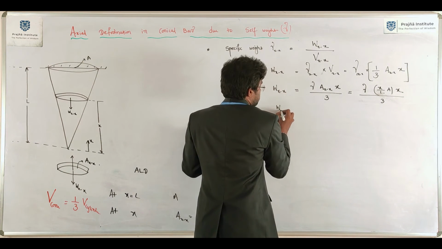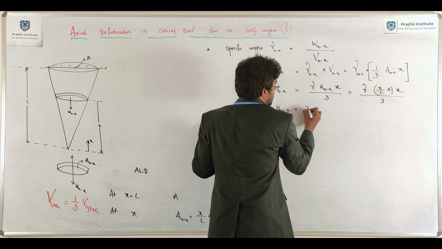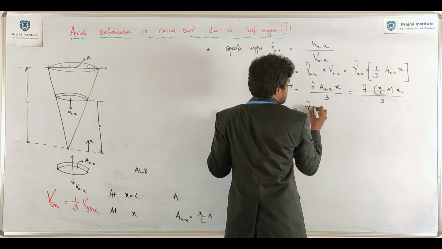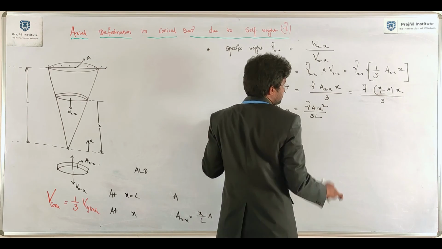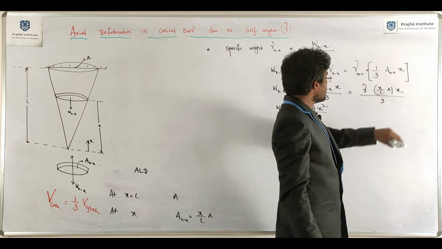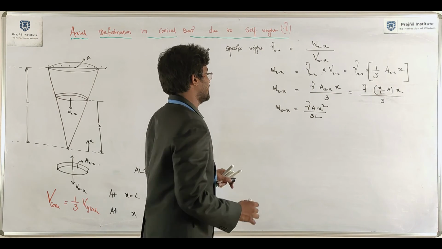Finally, W_x equals gamma A x square by 3L.